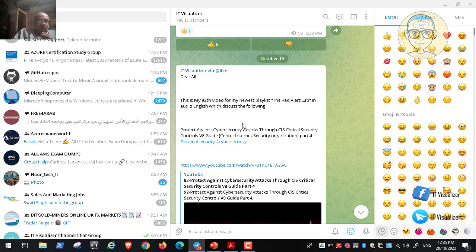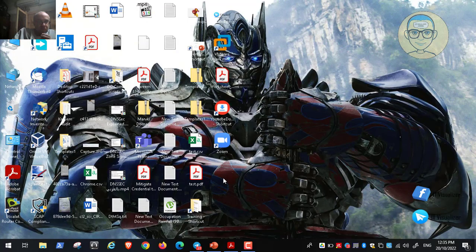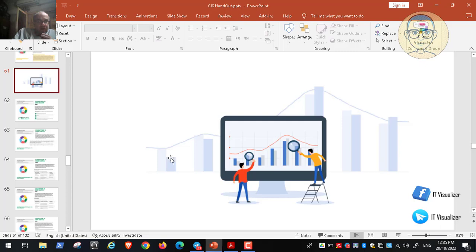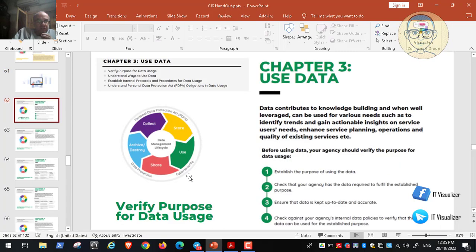We have said before that in all phases of the data life cycle, we need to protect the data anyway. So let's refresh our minds with this graph. Here we can see the life cycle: collecting data, storage, usage, share, archive and destroy.